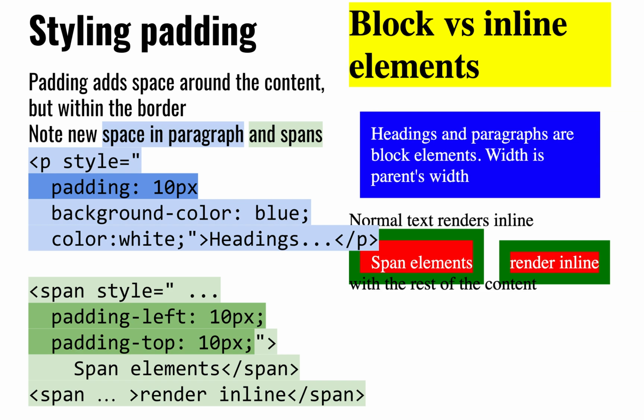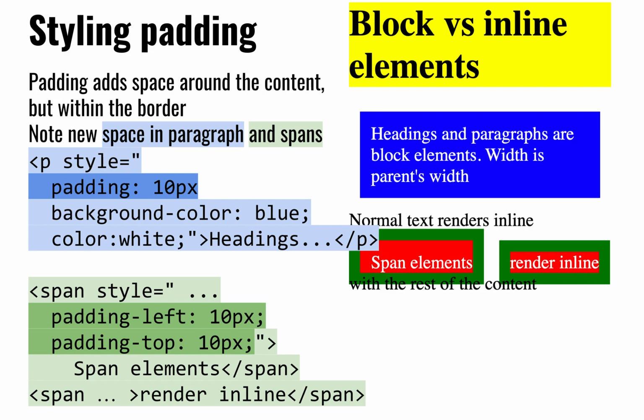There's several versions. There's padding 10 pixels, or you can provide 2 values side by side. The first one will specify top and bottom, and the second one will specify left and right. Or you can specify 4 values, where the first one would be top, then right, bottom, left, clockwise. We start at the top and then go all around. I forget if it's clockwise or counterclockwise. I think it's clockwise.